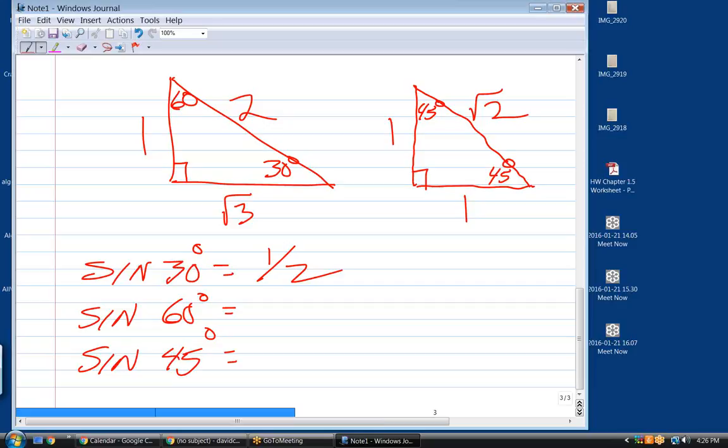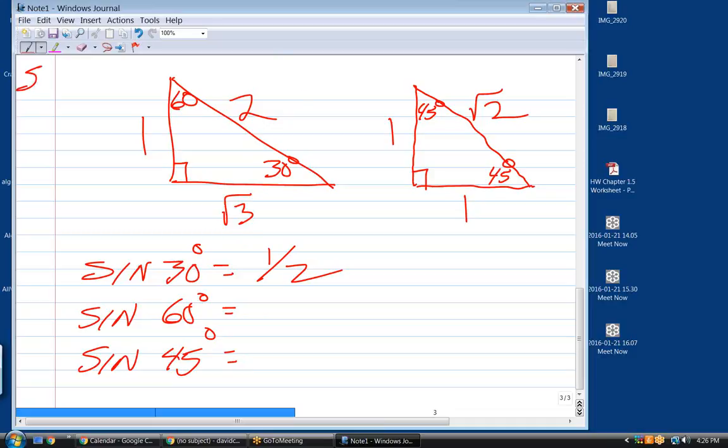What's the sine of 60 degrees? What's opposite of the 60-degree angle? I want the opposite side. Always the opposite side.